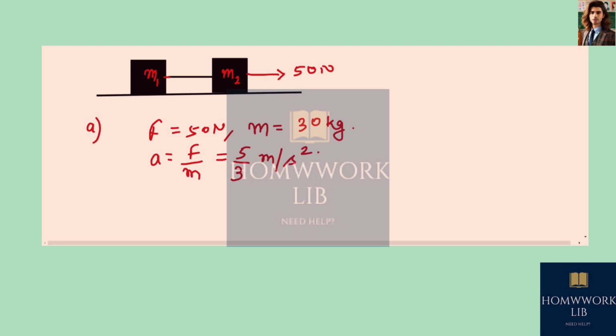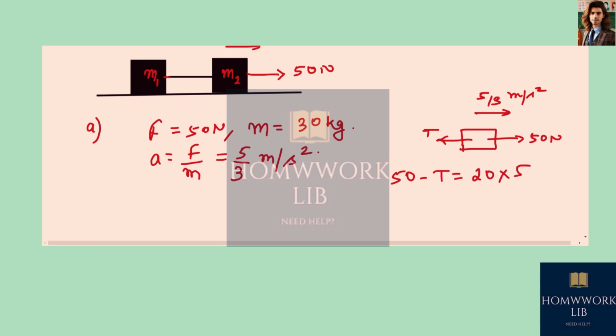If we want to figure out the tension, we need to see the free body diagram of either of the objects. Let's consider M2. There is a force of 50 newtons to the right, there will be tension, and this is being accelerated at 5/3 meters per second squared. Since it's accelerated to the right, the net force would be 50 minus T, and that will be mass times acceleration. Its mass is 20 and acceleration is 5/3.